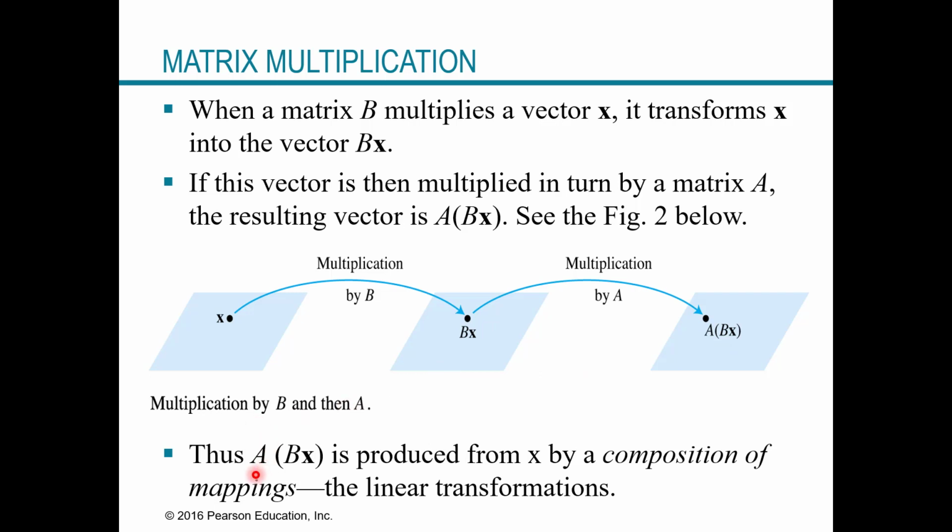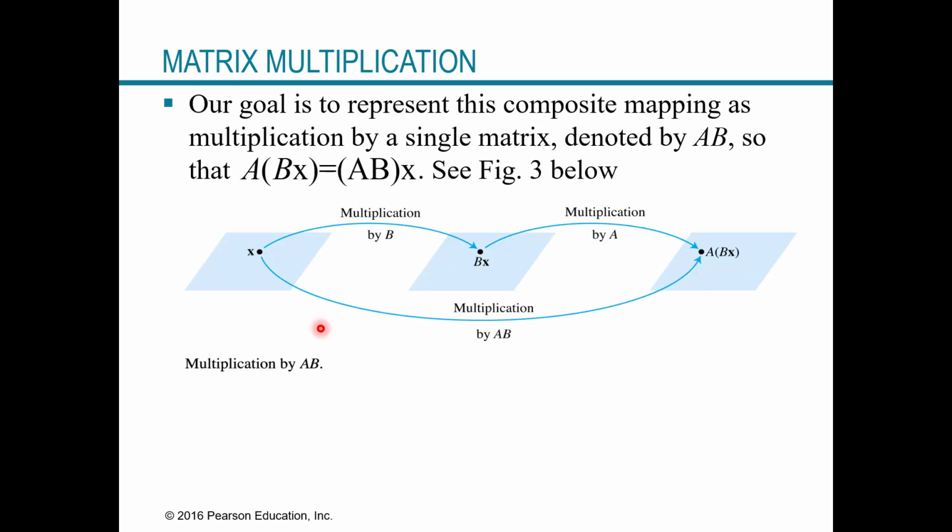So that means that A times B times X is produced from X by what we call a composition of mapping, the linear transformations. So composition because we're composing a result, A times BX, from originally X, introducing B, and then A. And so our goal with this is actually to be able to represent our multiplication or mapping in a single matrix.